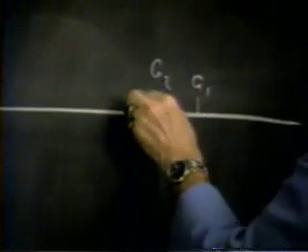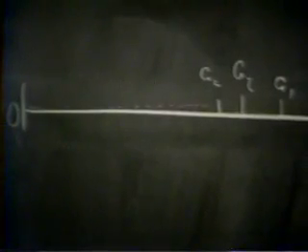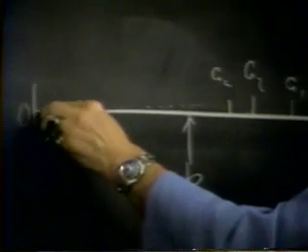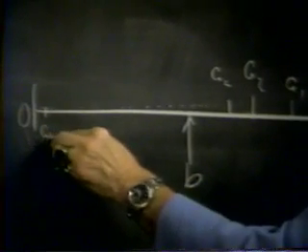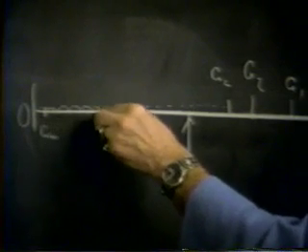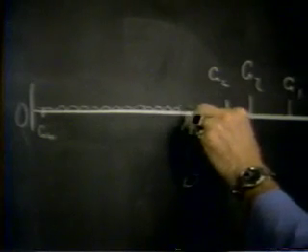So I have an A1, and I get a sequence like this, and it keeps going down. And then I take an element B, say here, and I'll go down here and find an AM, and then I'll see how many copies of that I can make before I get to B.